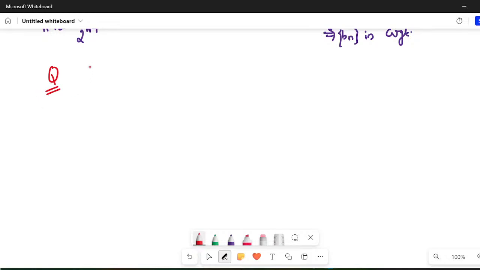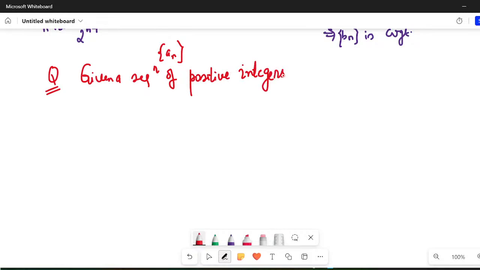So for example, I'm given a sequence an of positive integers. Define Sn equals 1 upon a1 plus 1 upon a2 plus and so on up to 1 upon an.